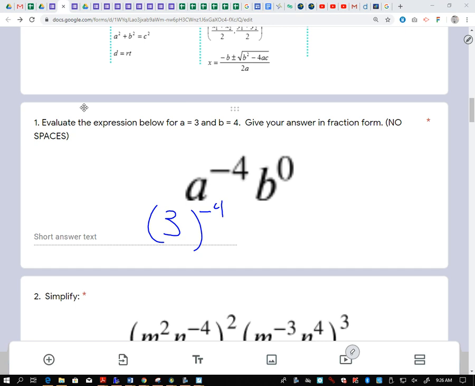Now, notice I have 3 to the negative 4th, and my answer says give your answer in fraction form. Okay, so can I leave it like this? What do I need to do? What's that? Simplify. Okay, that's really good terminology. It doesn't say anything. What do you mean by simplify?